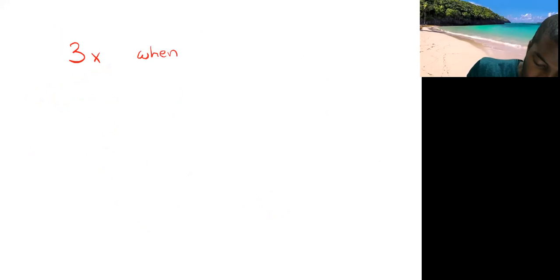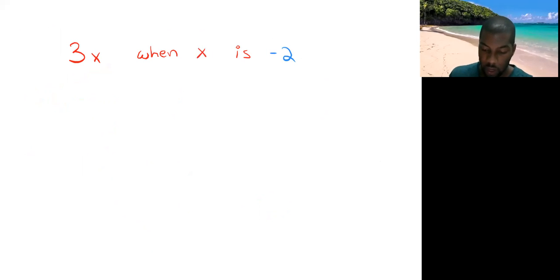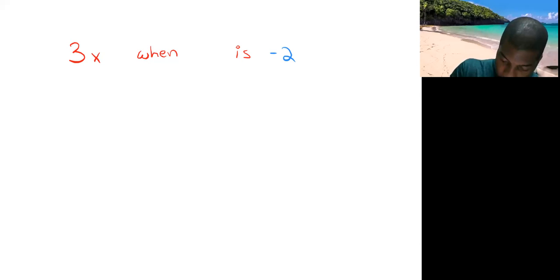What is the value of 3x when x is -2? Okay, what is the value of 3x when x is -2? Well, all I do is I simply rewrite 3x.